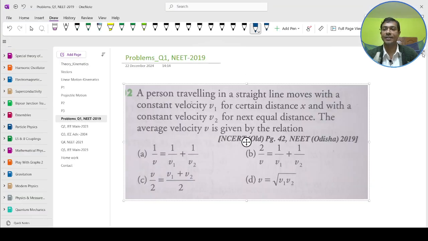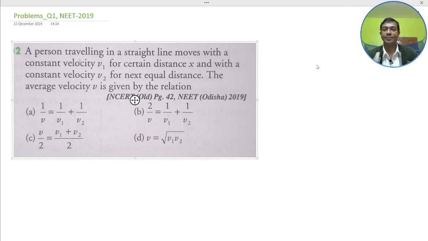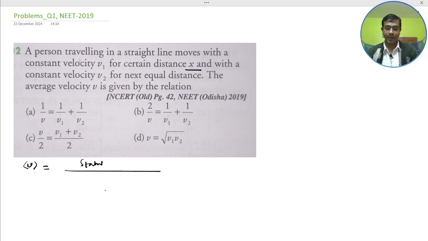First one, coming in NEET exam 2019, is saying that a person traveling in a straight line moves with a constant velocity v1 for a certain distance x, and with a constant velocity v2 for the next equal distance. The average velocity v is given by what relation? For solving this problem, you know the v average is equal to total s divided by total time, s1 by v1 plus s2 by v2 plus s3 by v3 and so on.